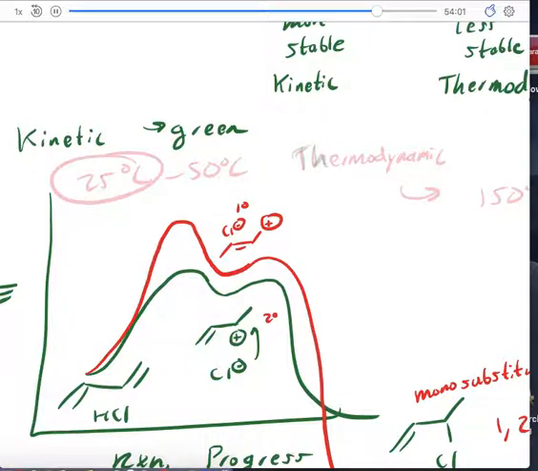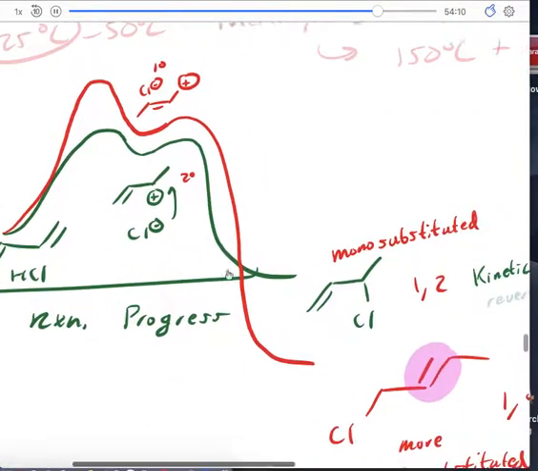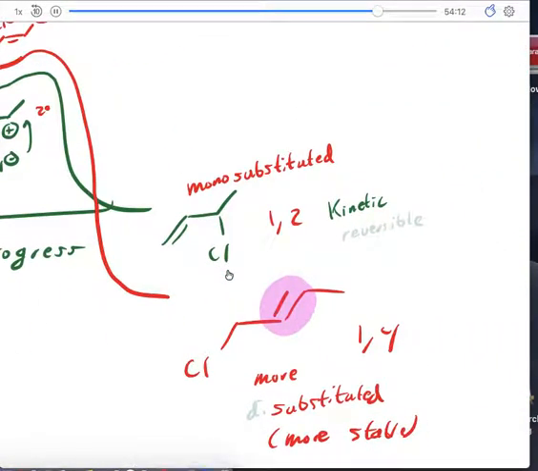Mm-hmm. Saul had a question. I remember Dr. S mentioned something about the other one. Yeah, so I'd say that the kinetic one is potentially reversible. And the other one, not so much, just because of the amount of energy we have to use to overcome the barrier.